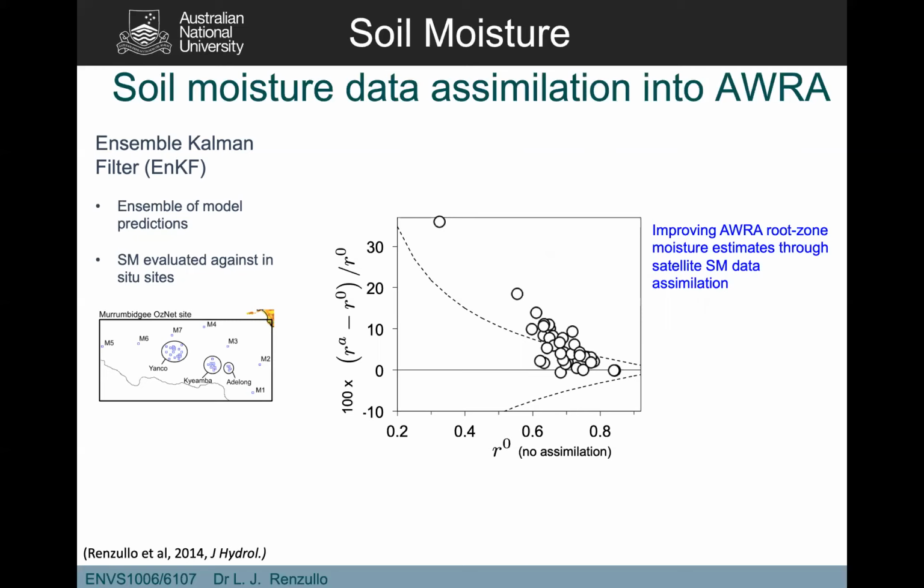And what this graph here shows, that for these in situ verification sites, those areas that had root zone moisture measurements, anything above the zero line here is an improvement at these stations in the performance. And so pretty much everywhere we got an improvement, and many of the sites were actually a statistically significant improvement.